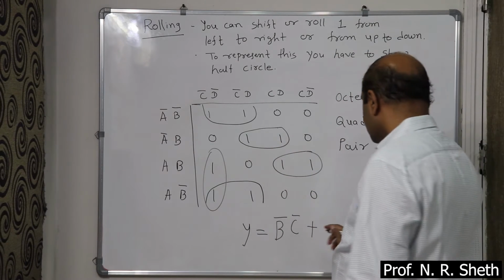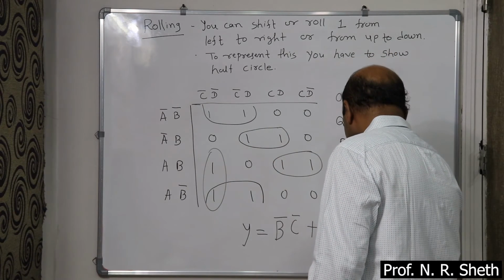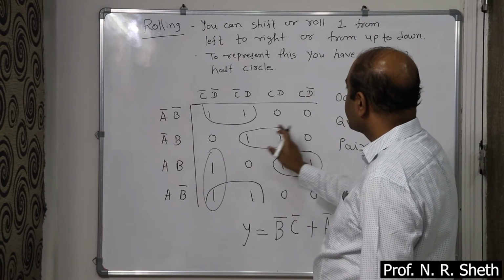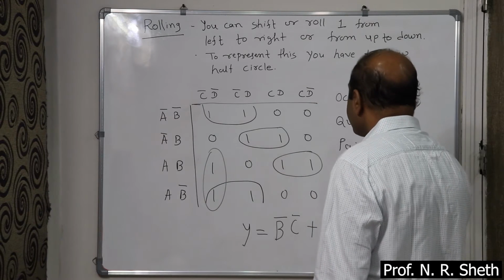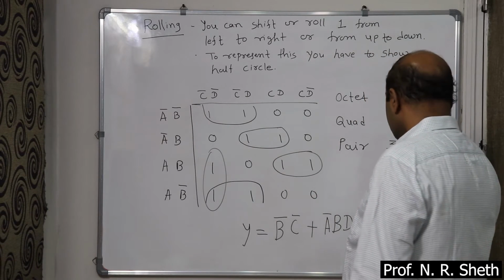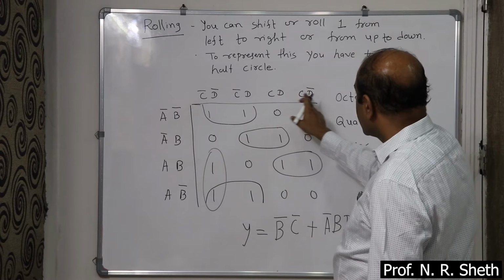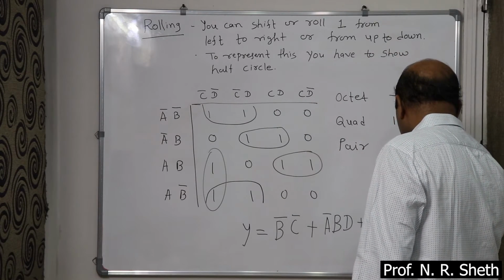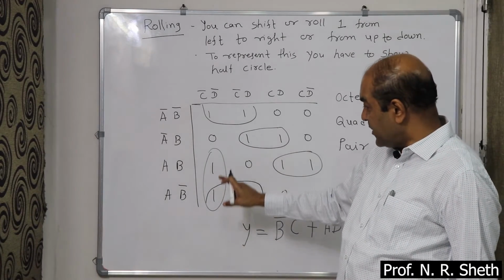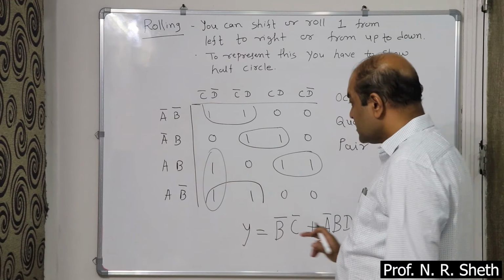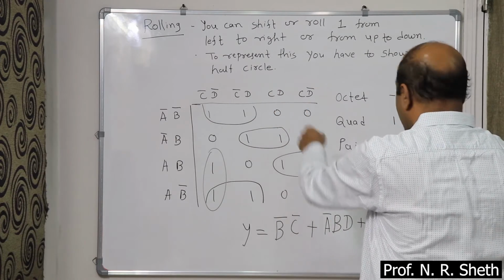This one, A bar, B, D. This one, A, B, C. This one, property of overlapping. D, B bar cancel. So A, C bar, D bar.